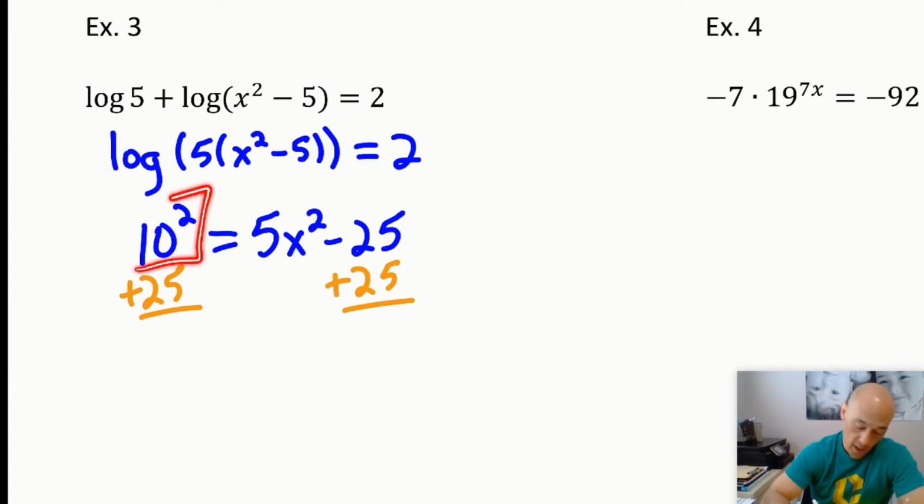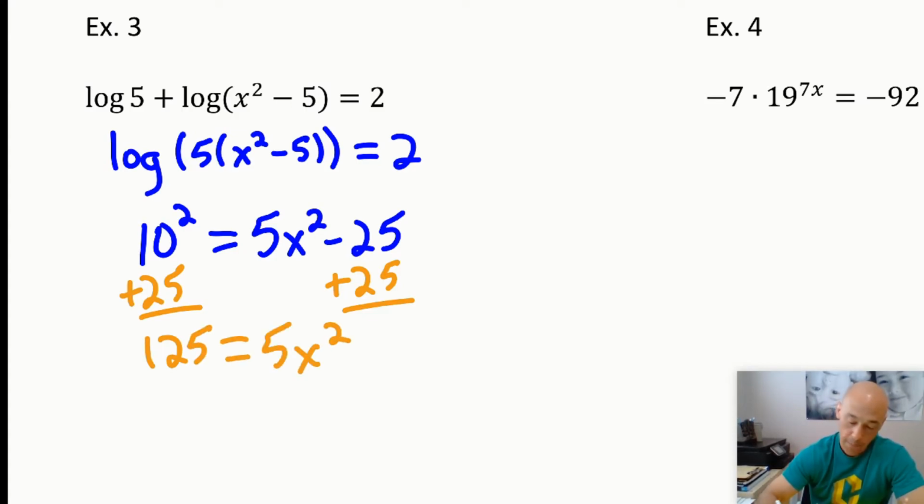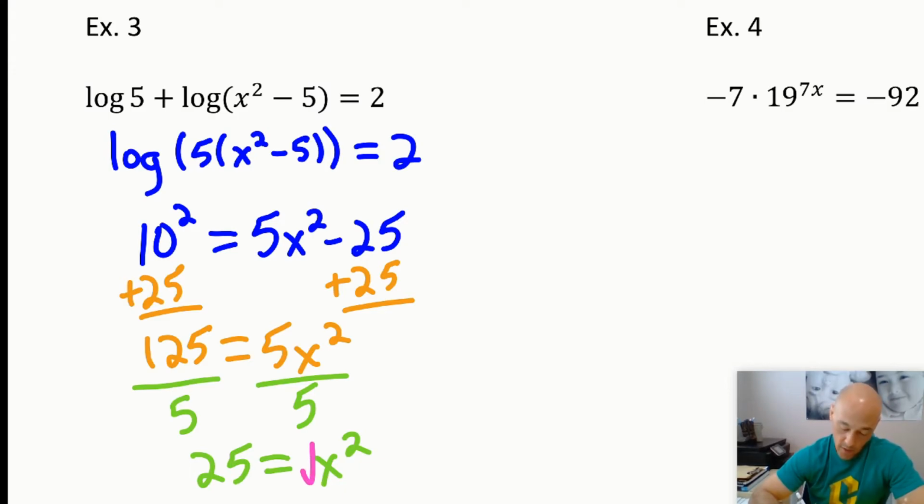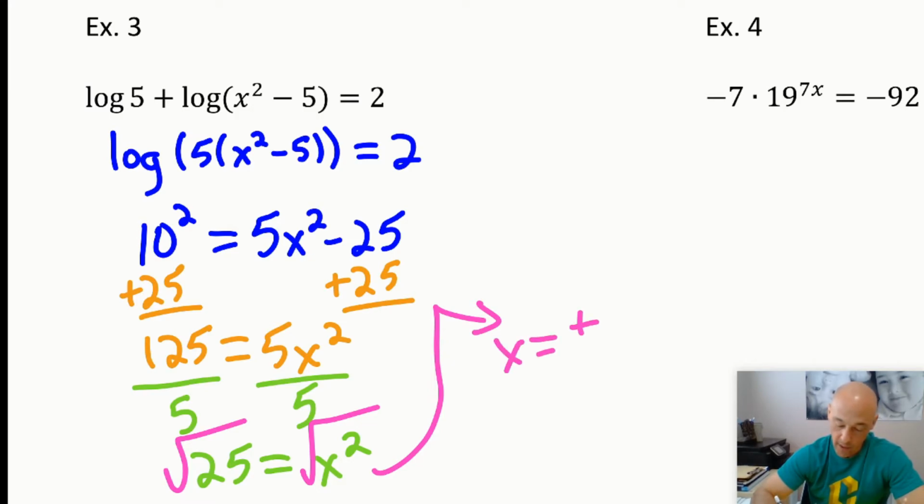And this is 100 plus 25 is equal to 125 is equal to 5x squared. Dividing by 5, 25 is equal to x squared. Square rooting both sides, we get x is equal to positive and negative 5.